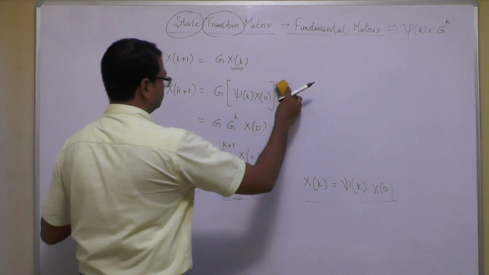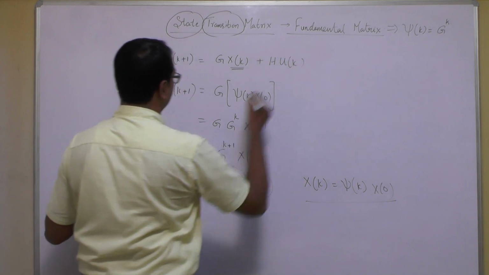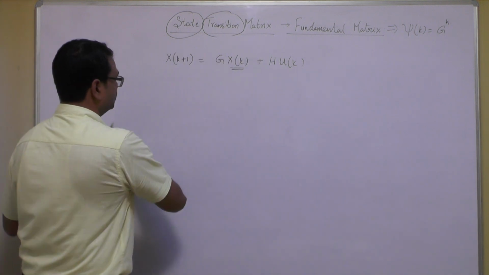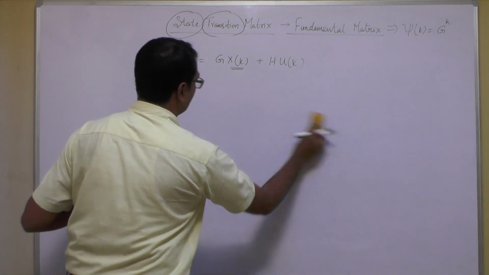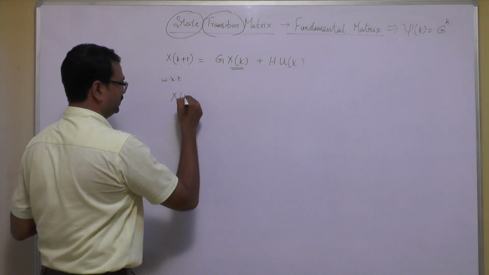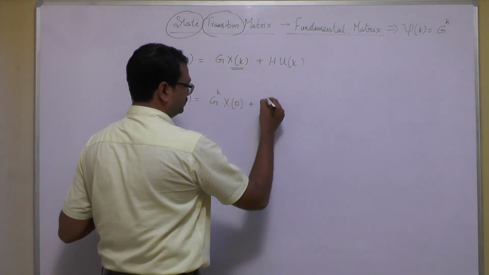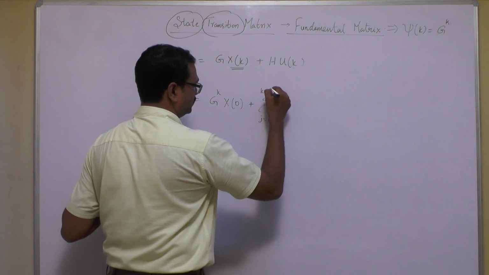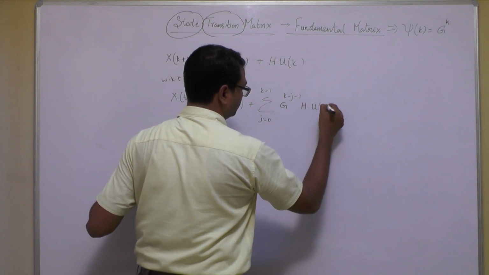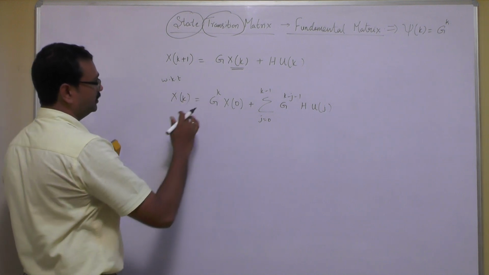Now, for the discrete time state equations, g x of k plus h u of k, we know that x of k is equal to g power k x of 0 plus sigma j equals 0 to k minus 1 of g power k minus j minus 1 h u of j.